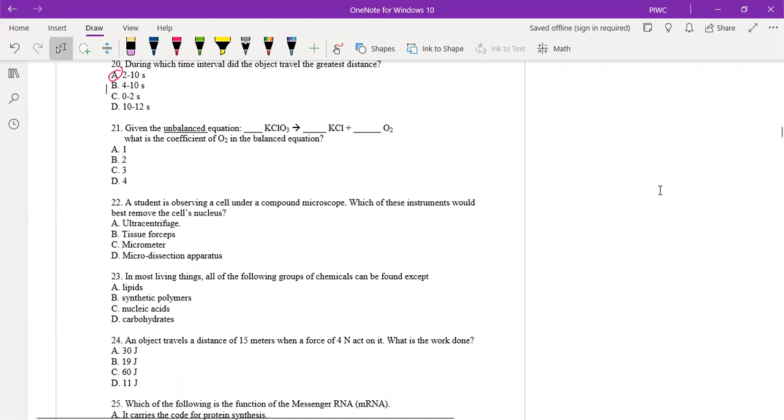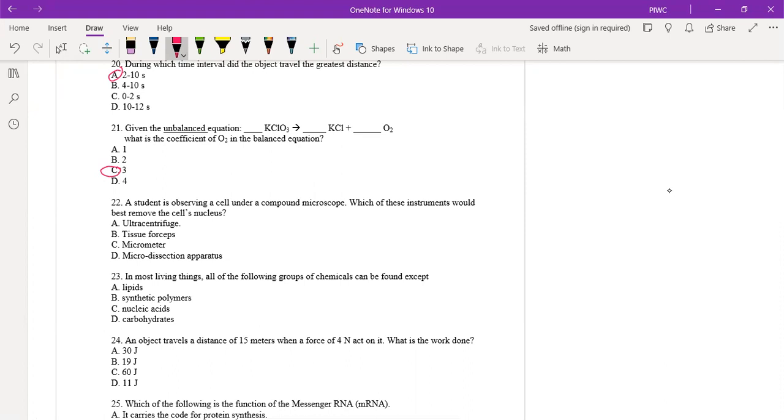Given the unbalanced equation, what's the coefficient of O2 in the balanced equation here? If you balance this, C is 3, that's correct.